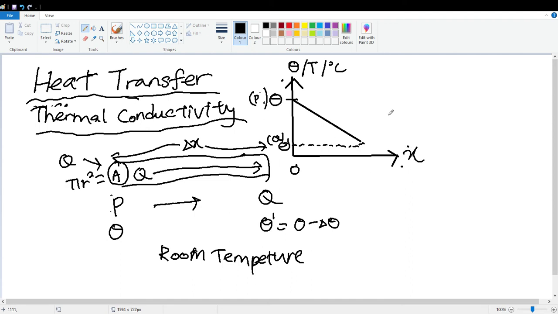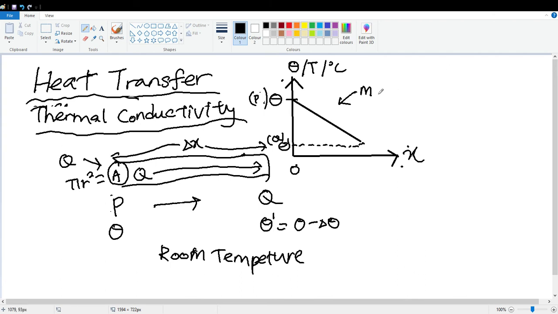Alright, so we can observe that the distance and the temperature are forming a straight line. So we know that a straight line has a main component, which is the gradient, denoted as m.